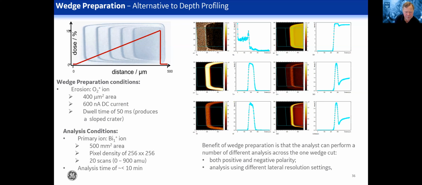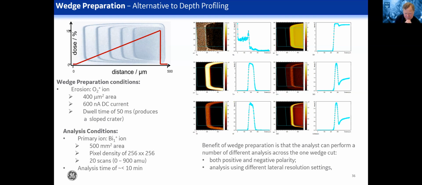So what you do is you generate a bevel into your sample, and you can do that very rapidly. Once you have that bevel, you could map the distribution of the species, as I'm showing on the right-hand side here. And then once you have the map, you can generate an area line scan.